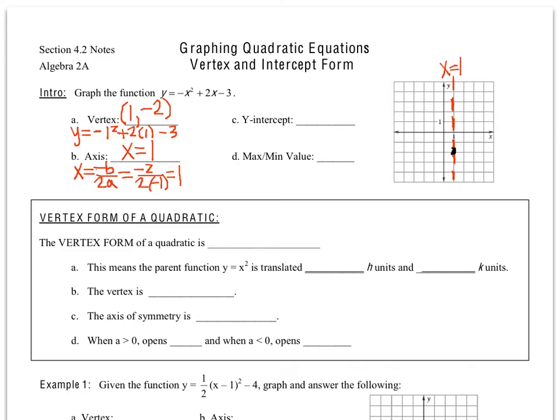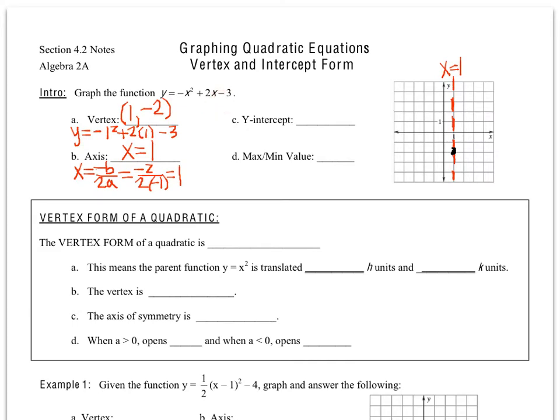So there's my vertex. Looking at my equation, notice how this is negative, so that tells me my graph is going to open down. So I can expect my graph to look something like this. So my y-intercept is the next point, and we talked yesterday, or in the last video as well, about our y-intercept, and that's c right here. So our y-intercept is going to be at negative 3.